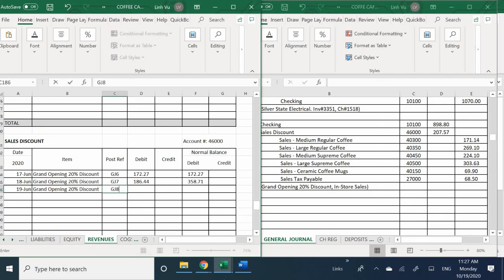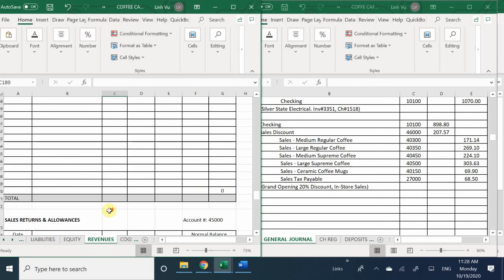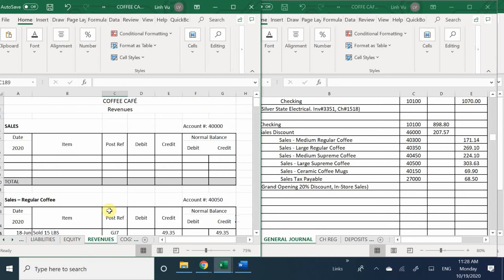General journal number 8. And this time, how much was my discount for? 207.57. All right. Bringing my grand total to be $566.28. Good.